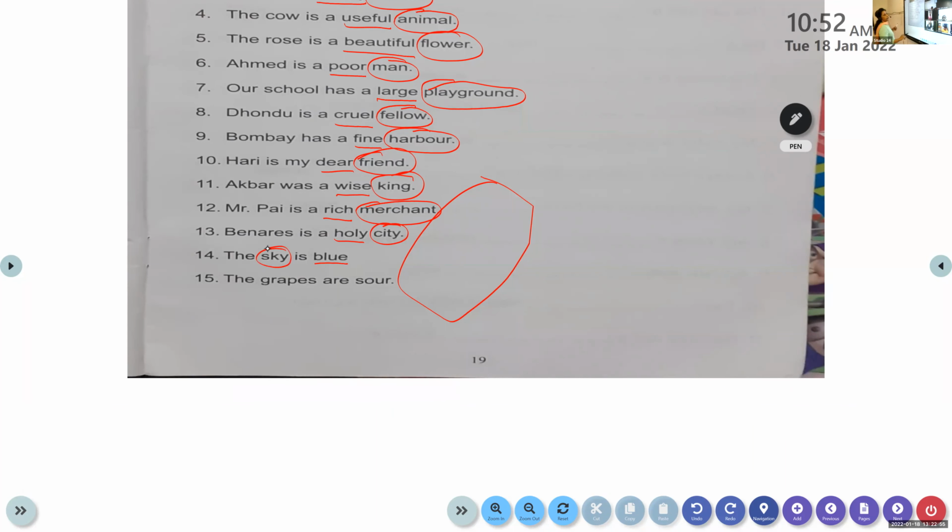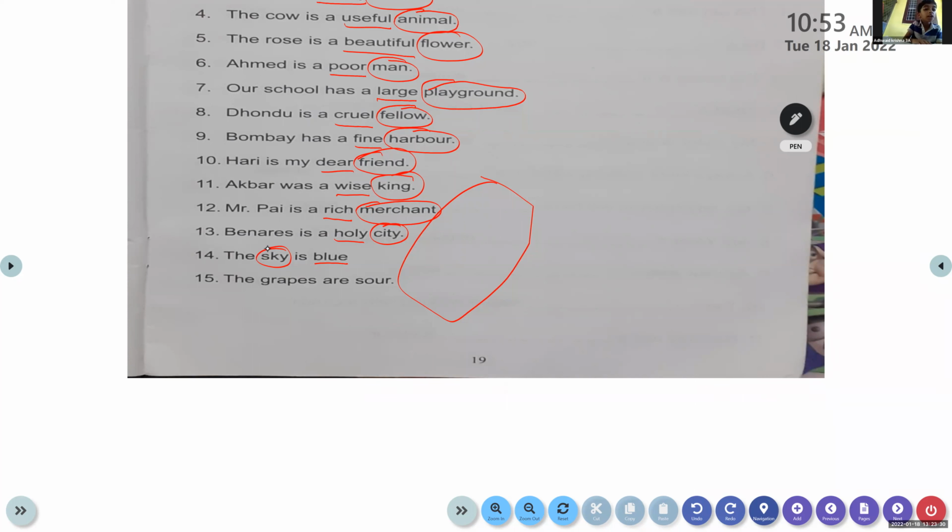Very good, Vaiga. Now, Advaita Krishna, come on, do the last question. The grapes are sour. S-O-U-R. It is sour. Come on, identify the adjective in the sentence.